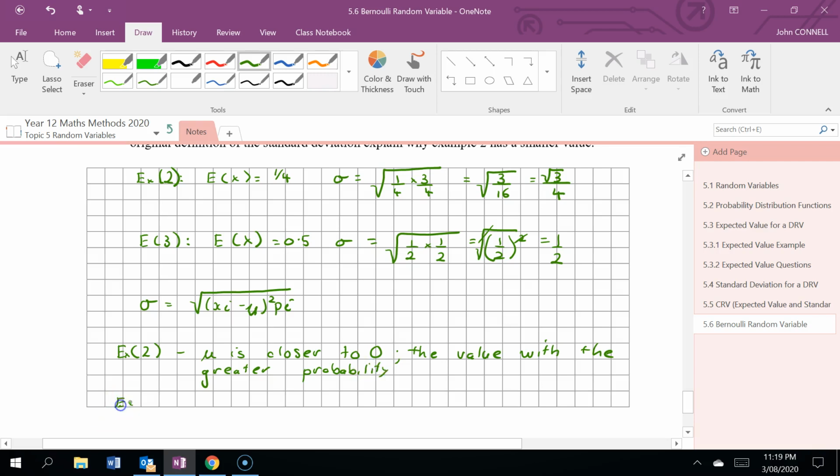Whereas in example 3, mu is equidistant from both values which have the same probability.